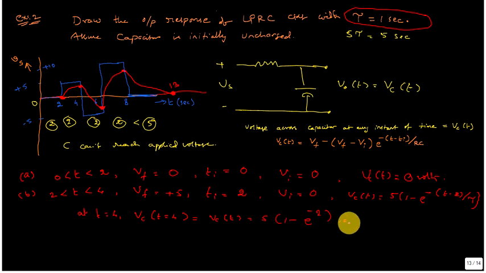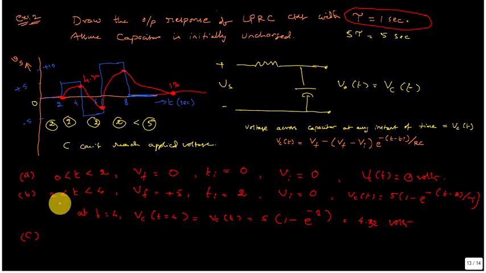So 86% means 4.32 volts, sorry, 4.32. Okay, 4.32 volts. So this point is 4.32, the voltage across the capacitor at t = 4.